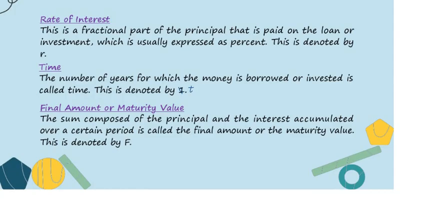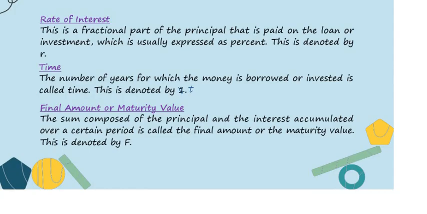Kung sa Tagalog siya ay tubo dun sa ating hiniram na money. Then it would be added with our principal. Now that accumulated value or that sum would be now our final amount or maturity value. So that's why it's called maturity value, because that's going to be the value that we end up with.